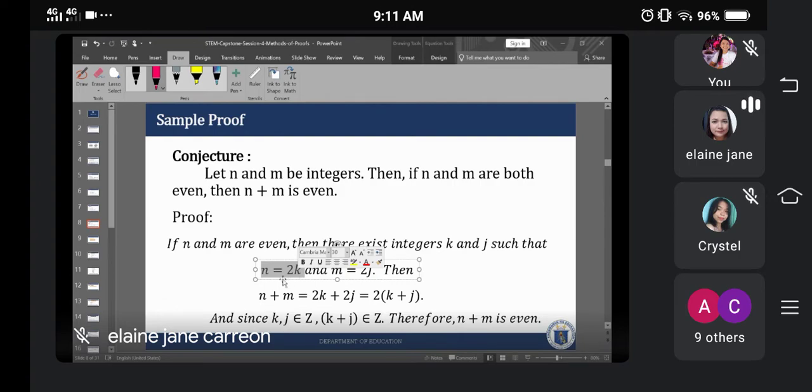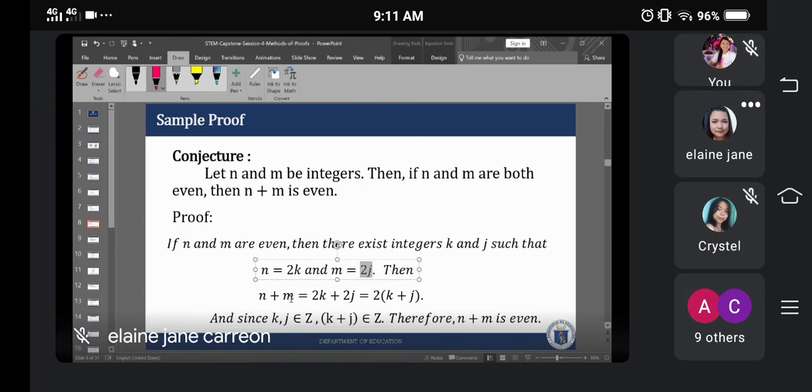What we're doing here is assigning the integers k and j. So we let n equal 2k and m equal 2j. I hope you understand that. So, this is the beginning of the proof.